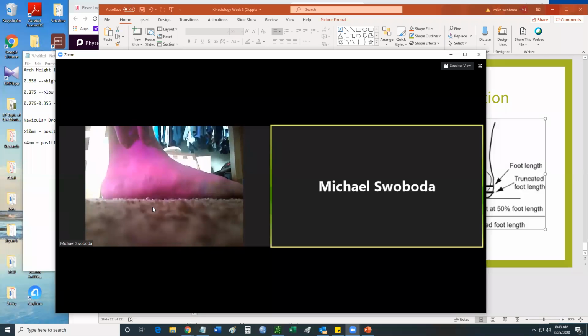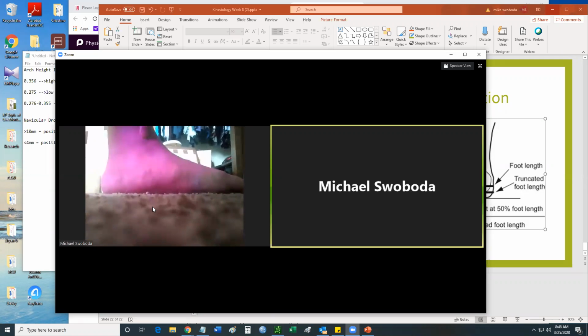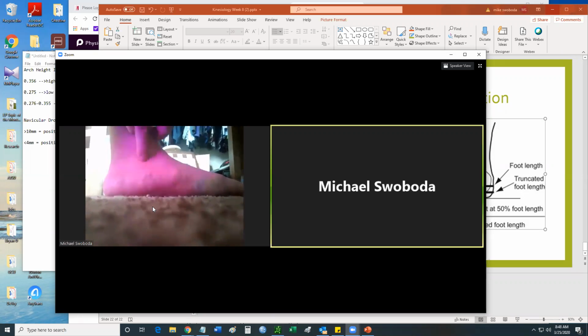With a navicular drop test, you are measuring how far the navicular bone drops from sitting to standing. If you go from that ankle bone down and over, you'll feel a bump right about here. That is your navicular bone.